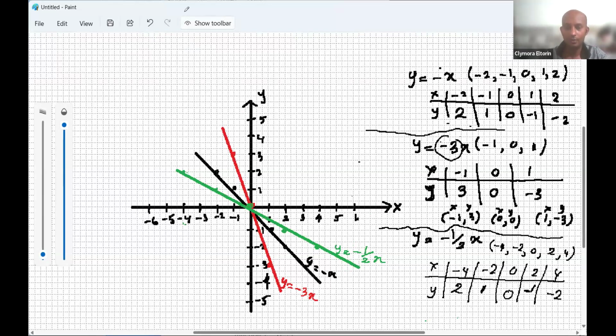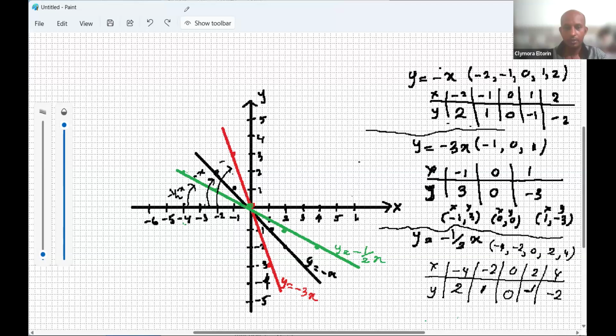Because the minus values are less. Like previously, half makes a small angle from the negative direction of the x-axis. This is x, this is minus x, this is minus 3x. So the angle of the graph has also increased gradually, like previously.